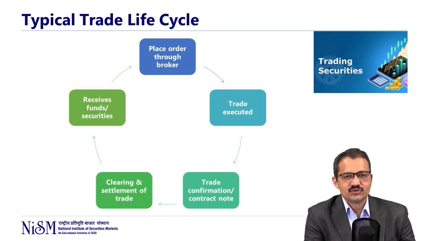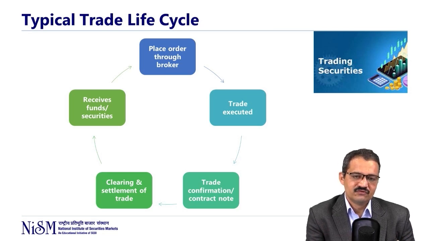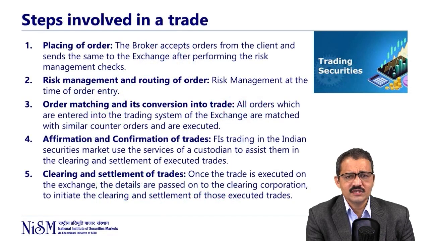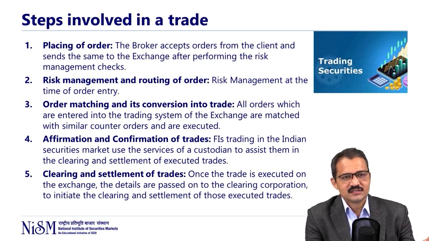We have already covered the first two parts of it. The third part we will cover in brief, and the fourth and fifth parts we will cover in detail in the next few slides. So what are the steps involved which we have already covered: placing of order, risk management, and order routing.